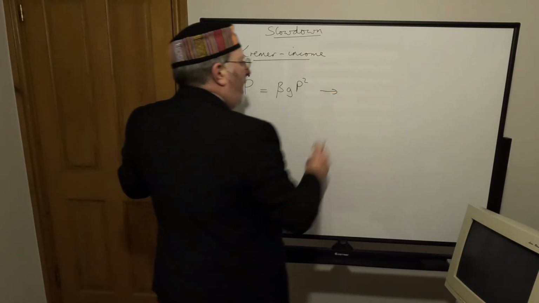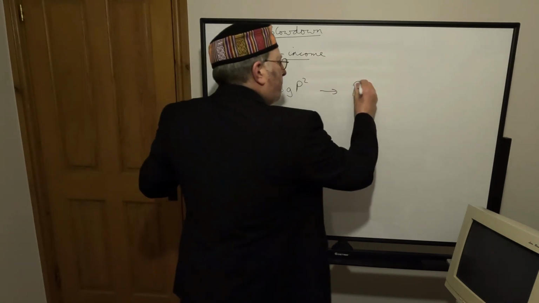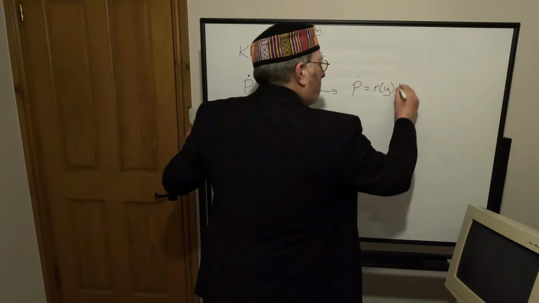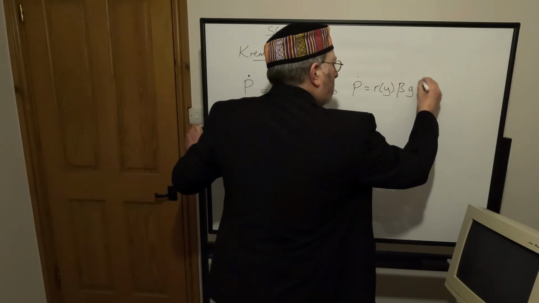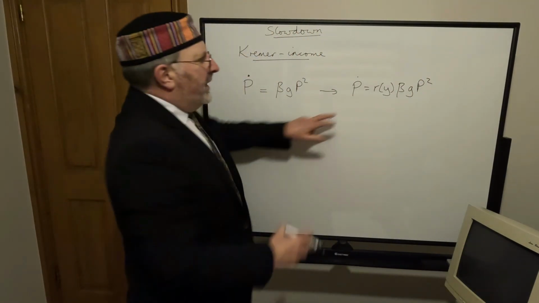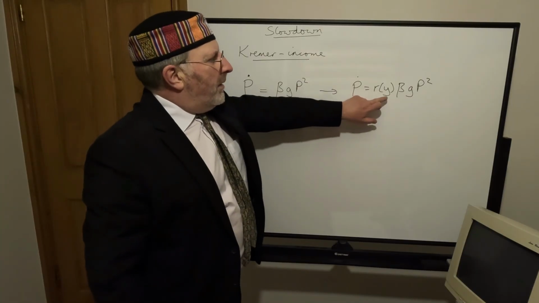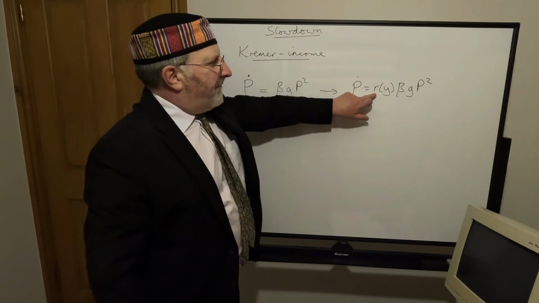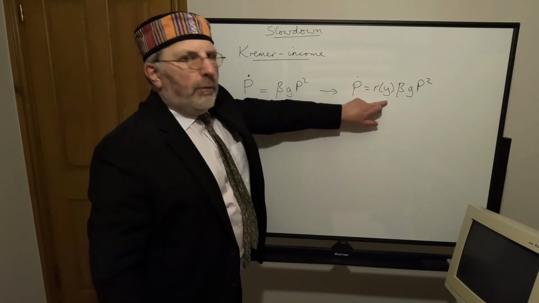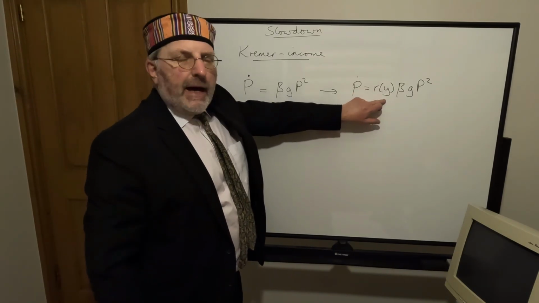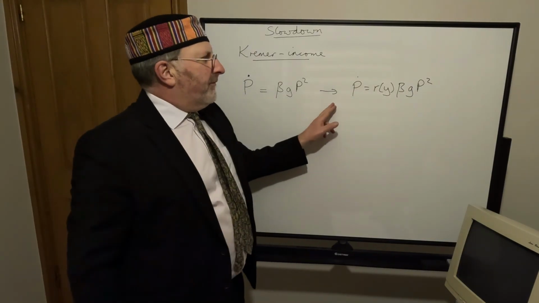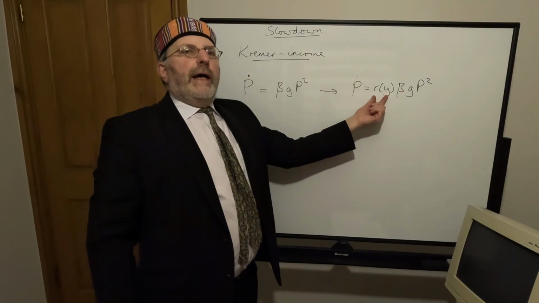So this should become p dot equals r of y, a constant multiplier factor that depends upon y, the income per capita, times beta g p squared, same as before. And it's this r of y that changes.